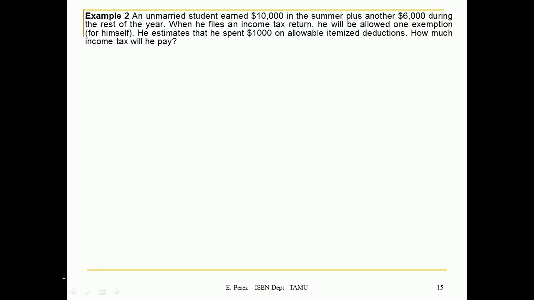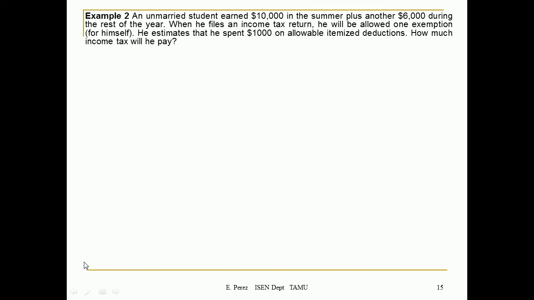So let's look at this example. We have an unmarried student that earned $10,000 in the summer plus an additional $6,000 during the rest of the year. When he files an income tax return, he will be allowed one exemption for himself.